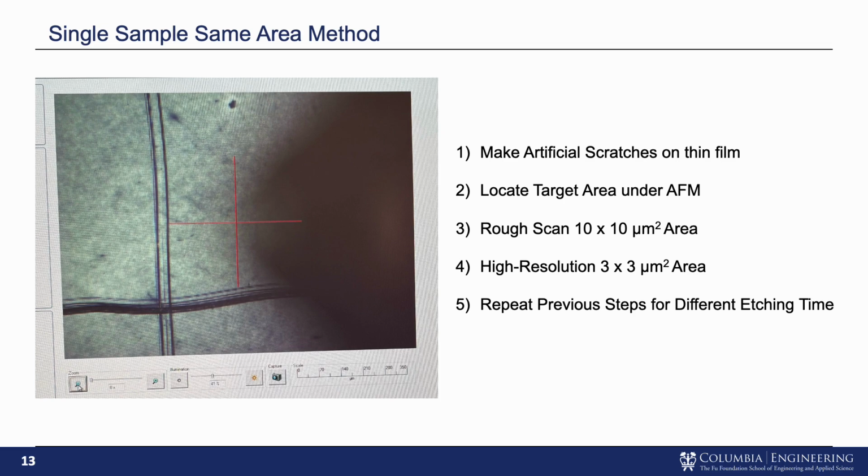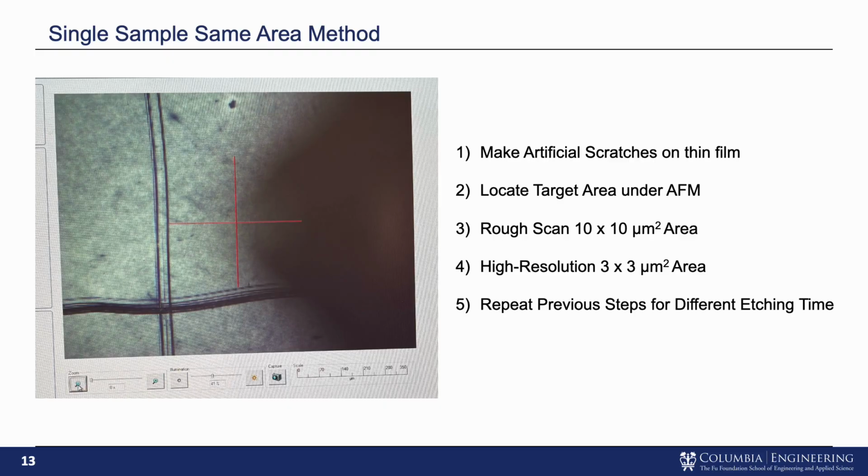The key idea here is to etch the same ultra-thin polysilicon sample multiple times, while repeatedly imaging exactly the same surface region by AFM. To achieve this, I first introduced artificial scratches on a thin film surface. These scratches act as permanent markers that are visible under optical microscopy and AFM.